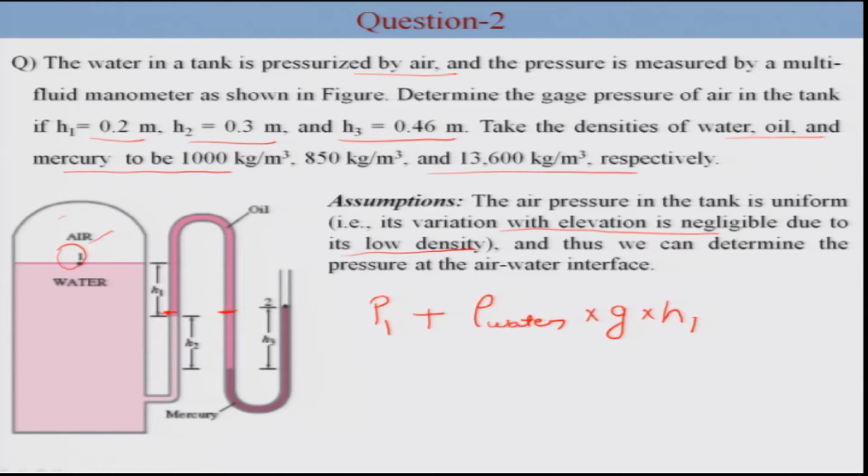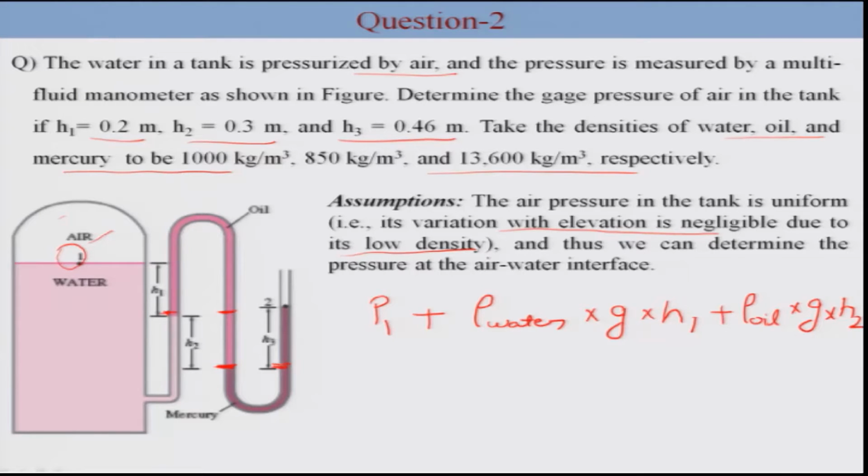Now if we move height h2 downwards, we can calculate the pressure at this point. Now this fluid is oil, so we will add a pressure which is density of oil multiplied by g into h2. So this gives the pressure at this point. Now the pressure at this point will be same as this point.